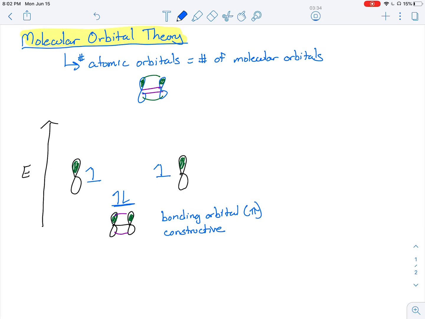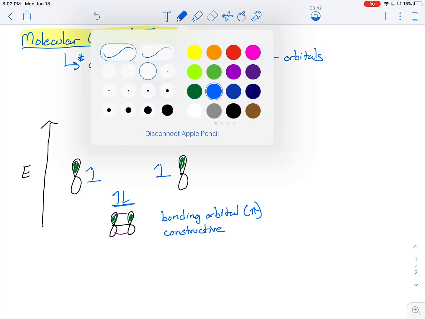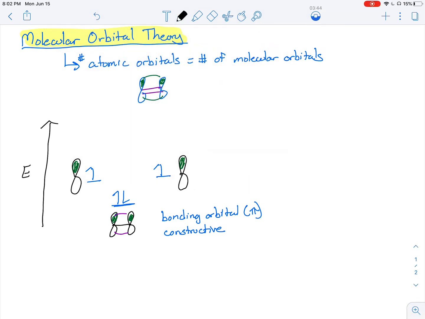But just like these atomic orbitals can come together in a constructive fashion, they can also come together in a destructive fashion. What do I mean by this? Instead of overlapping in the same phase, as we can see here, these would come together in opposite phases, something like this.